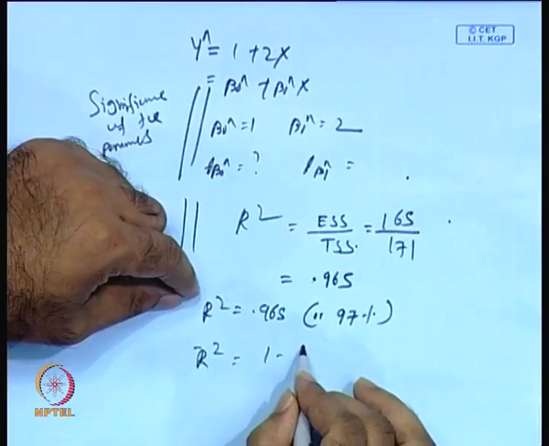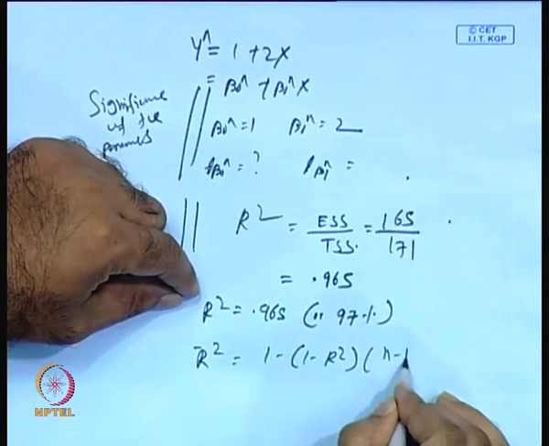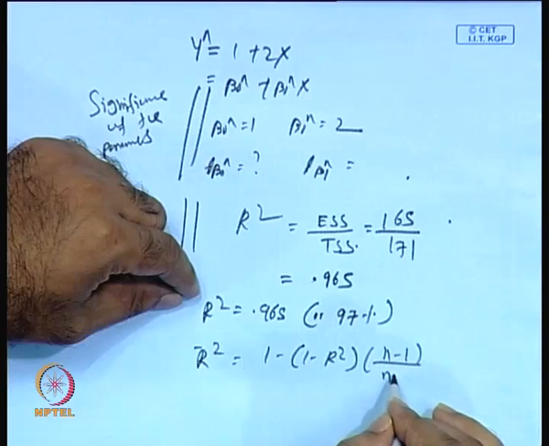Similarly, we will get the adjusted R-square. Adjusted R-square is equal to 1 minus (1 minus R-square) into (n minus 1) divided by (n minus k).